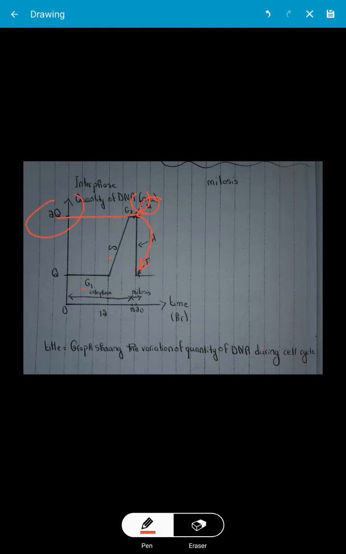So this is the anaphase. At the end of anaphase, the quantity of DNA is Q. So here begins the telophase: 2 daughter cells, same number of chromosomes, but in the haploid state. So this was a graph showing the variation in the quantity of DNA as time in hours.